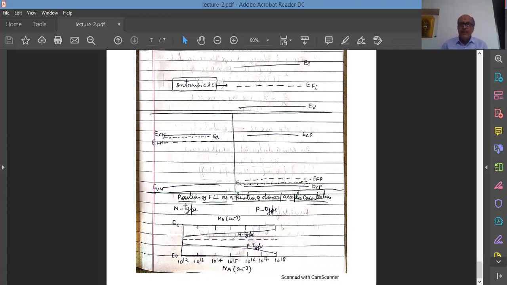But we can do the same thing by adding an impurity to it. An impurity needs just a very small amount of energy. That is why the donor level lies below the conduction band, because it donates the electron, so that electron is available in the conduction band.